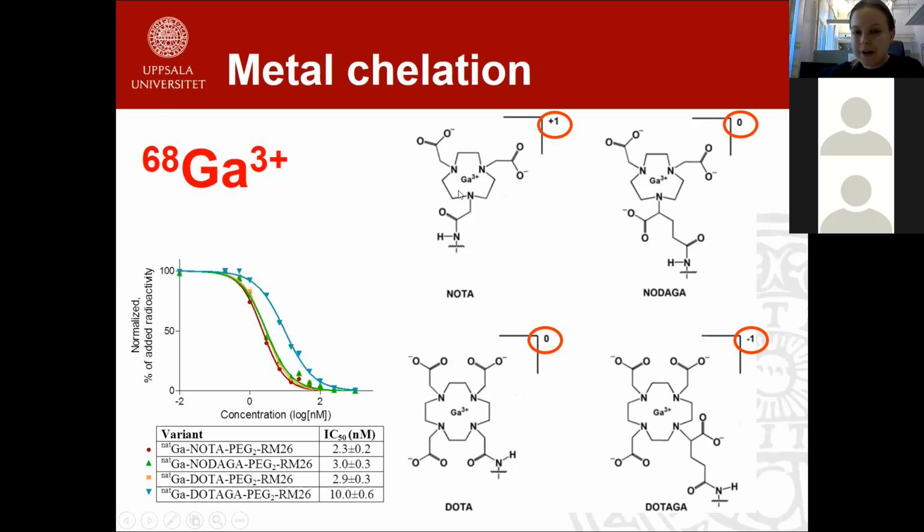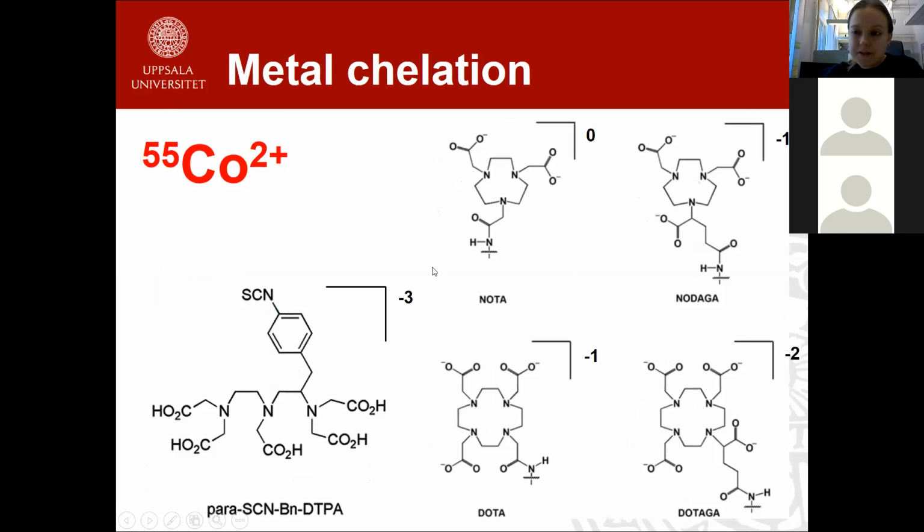It works better for triaza chelators because gallium has a small ionic radius and the cavity of the chelator is small as well. So it's a very, very good fit. Sometimes we have to look at the ionic radius of our metal and the fit of the metal chelator to determine which complex will be the most stable.